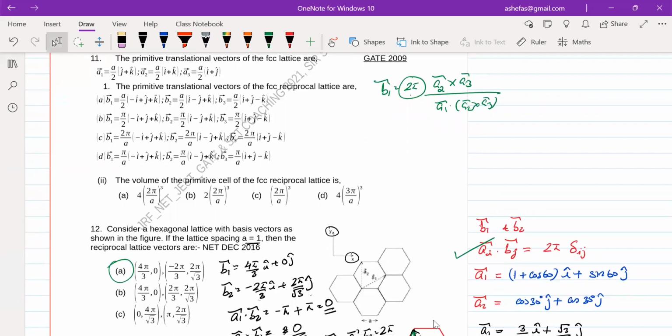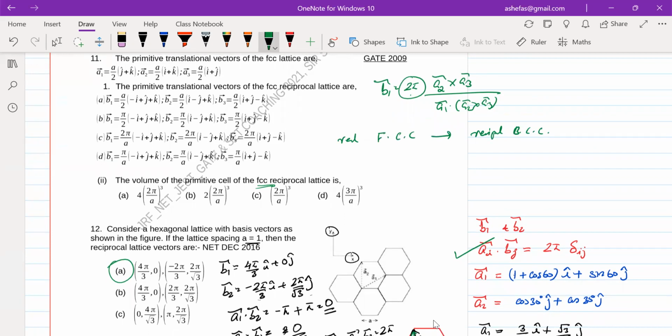There are similar kinds of questions here, and there is also one question: what is the volume of the primitive unit cell of the FCC reciprocal lattice? Remember, for a real FCC lattice, the reciprocal lattice would be BCC.